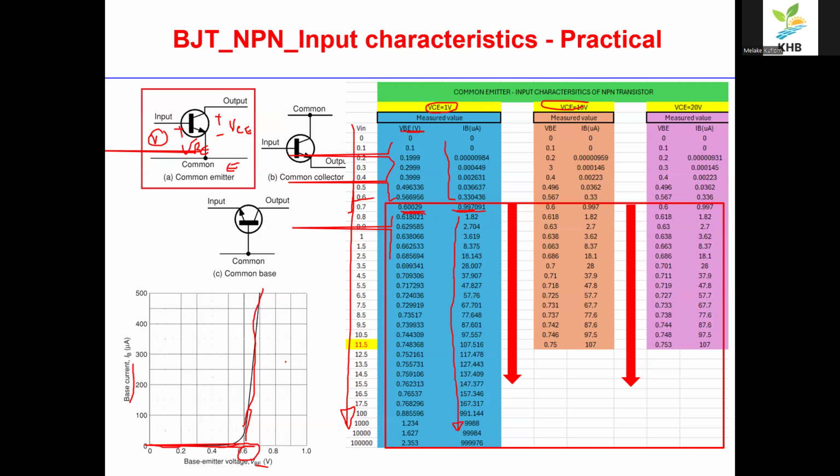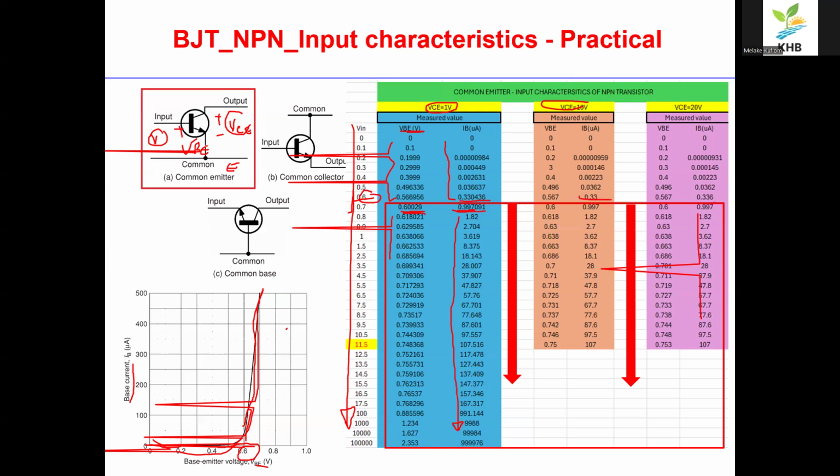So that satisfies this kind of configuration. Similarly, whether we put 5 volt, 1 volt, or 20 volt, they are all the same. For example, at 0.6, this is 0.3, 0.3, 0.336, they are the same.